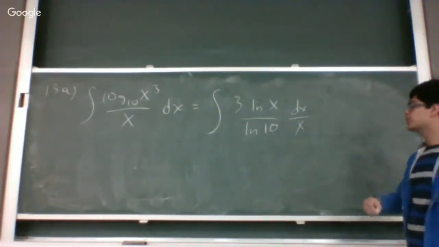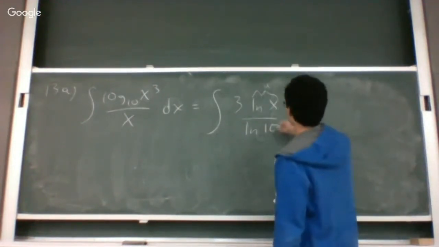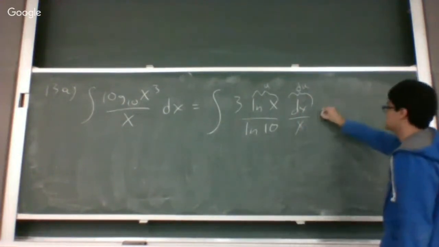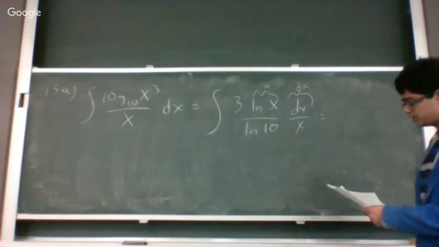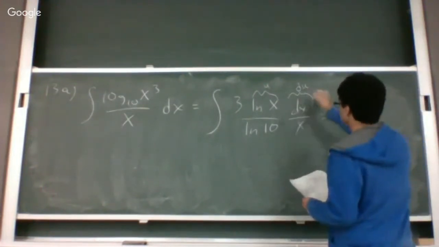In this problem, it was nice because our u would be the natural log of x, and this entire thing would be our du. So we already have that, and we don't need to multiply in anything.